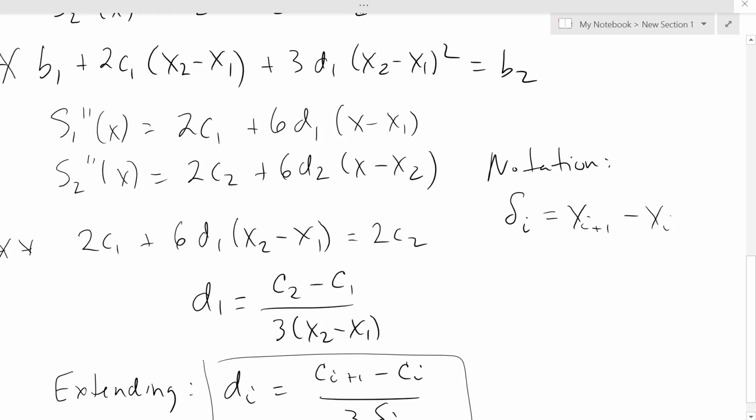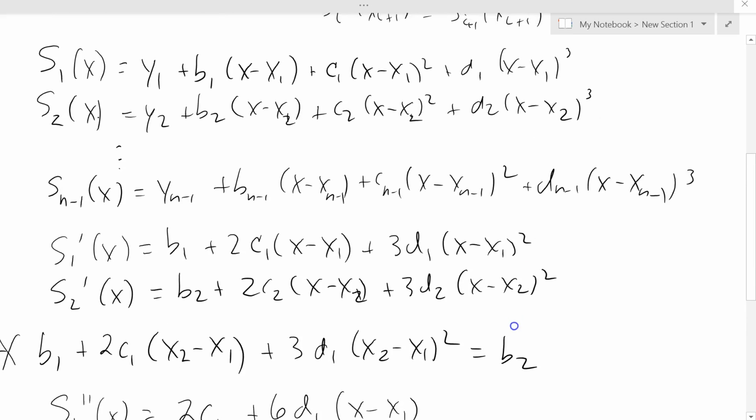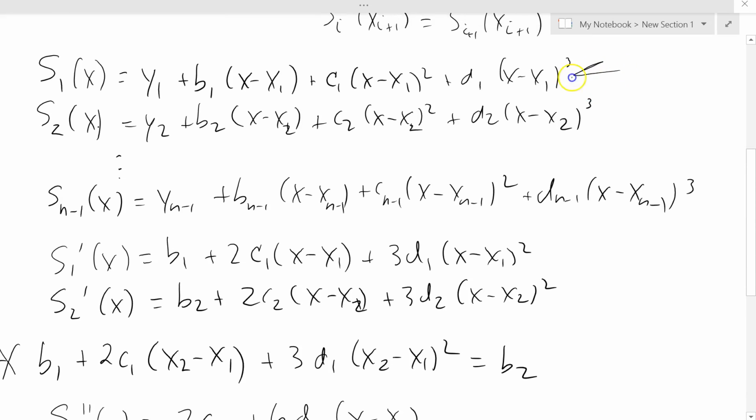I don't want to plug it in here. I need to come back to this one later. I need to plug it back in up here to this one. I have 2 B's in that one that I starred. I need to go back all the way up to the top one. If I know y1 and I know the C's, I know the D's, so I can figure out the B. I need to go back up to the top one.